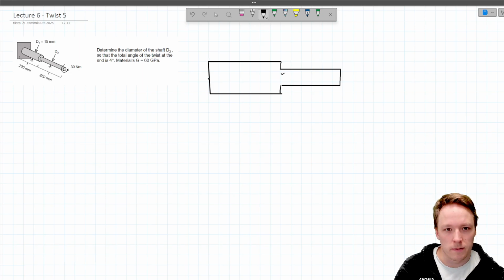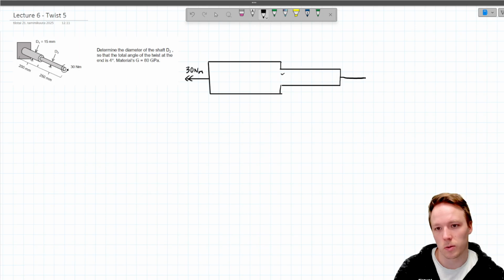In here we have external torque. In this case it's pretty simple, since we have torque on one end and the other end is fixed to the wall. We know that there must be 30 Newton meters of torque also on the other end, like so.